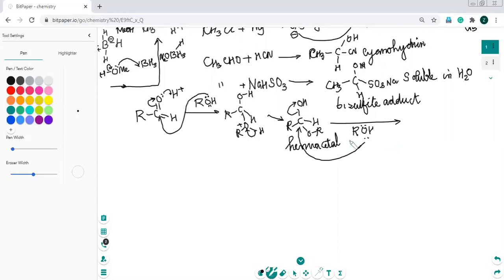And you will get R, H. This is hemiacetal, this is acetal.